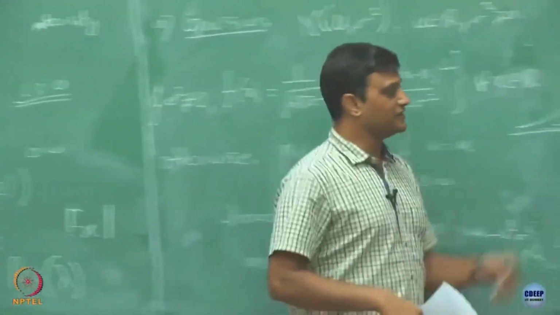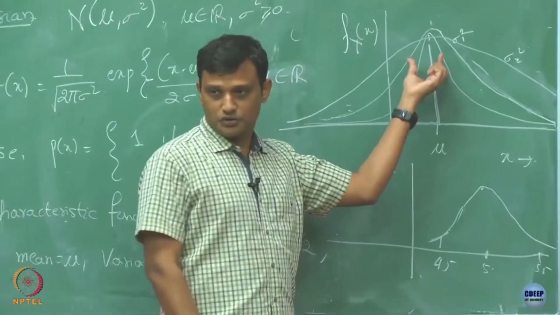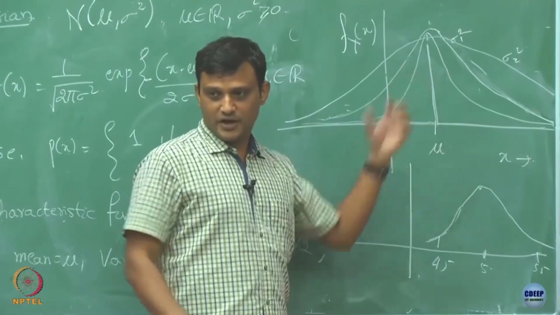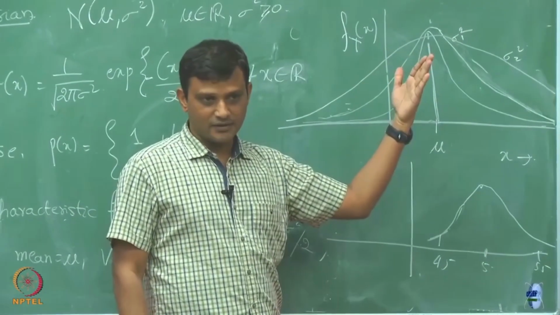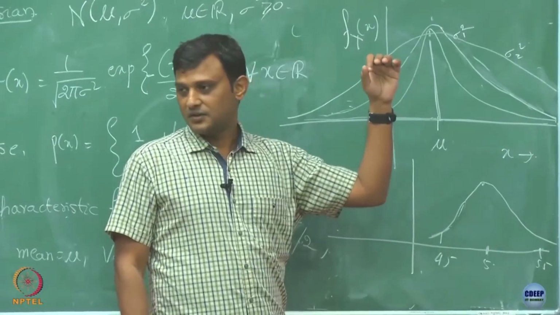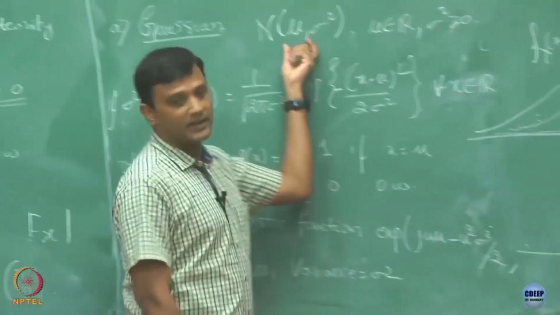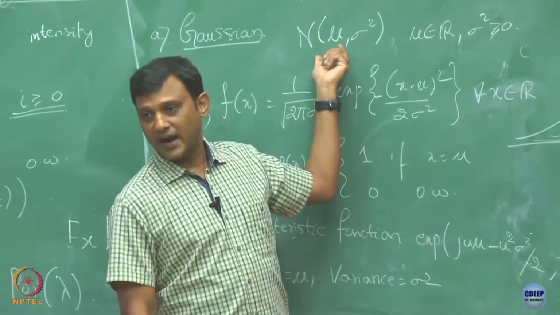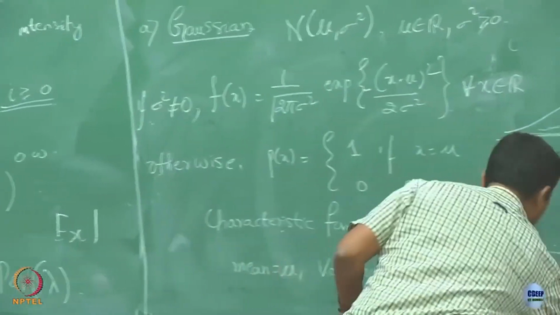You may feel this is good, but you don't know how concentrated this lobe should be, thin or big. You find that from your data. You do a lot of experiments and see how you fit your data so that you get the right parameters mu and sigma square. So fine, this is one thing.